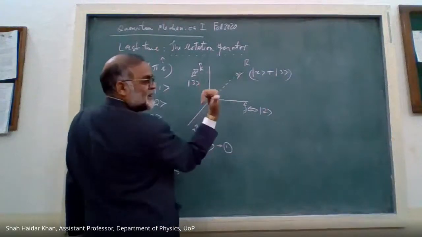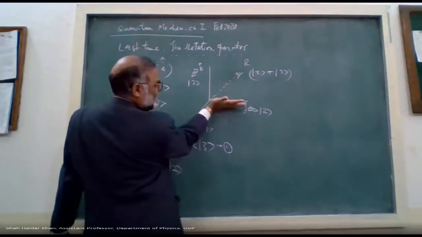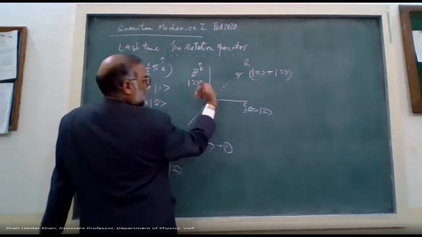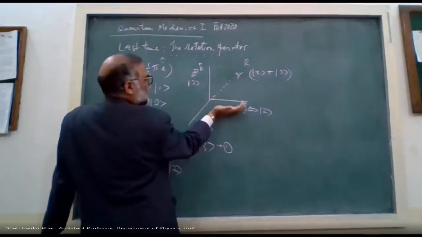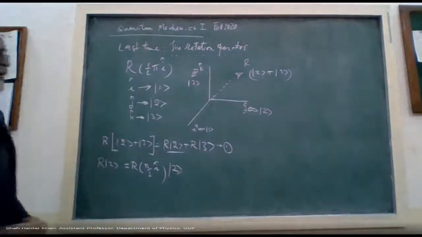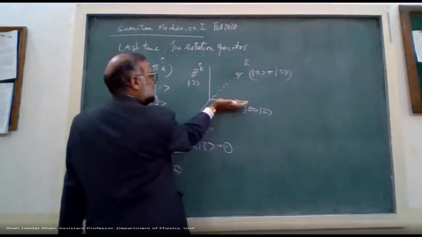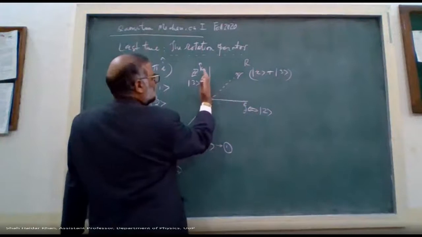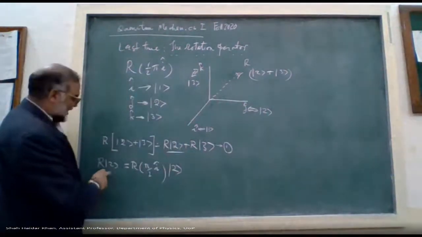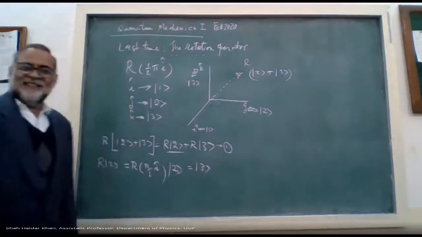This is the x-axis. My thumb is representing the x-axis. So you are rotating this vector k2 around my thumb in this anti-clockwise direction. Now you will see that this will become k3. This is a unit vector. You are rotating this, so after pi by 2 rotation, it will become this. So when this R works on k2, it makes it k3.